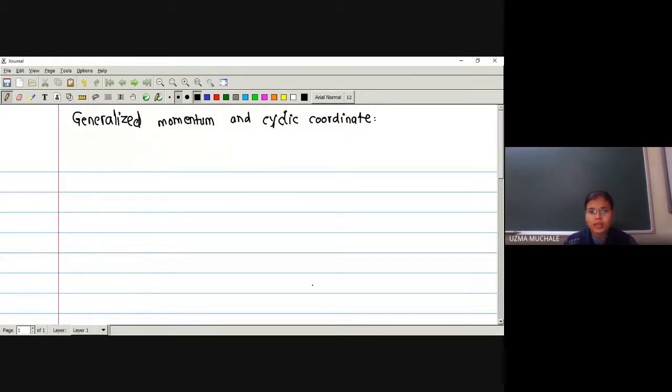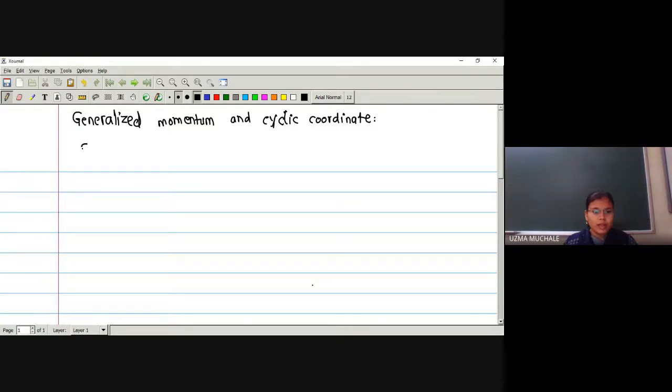What do you mean by cyclic coordinate? Suppose if you are absent in the class, then you are called a cyclic student. Cyclic means what? A coordinate which is absent in the Lagrangian is called a cyclic coordinate.